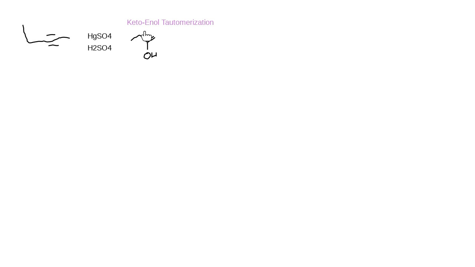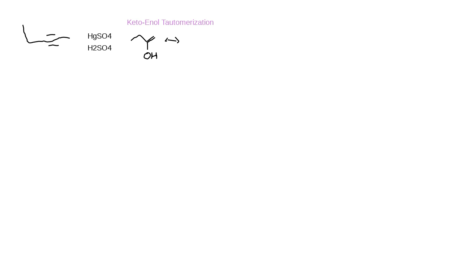But this isn't the most favorable position to be in. Enols really prefer to be in the keto form, so we are going to essentially rearrange, and the fancy word for that is tautomerization.